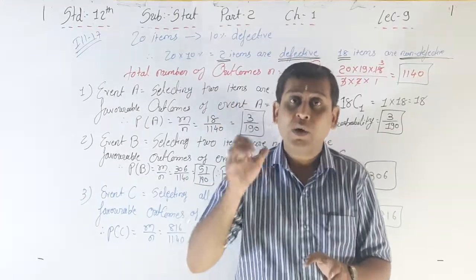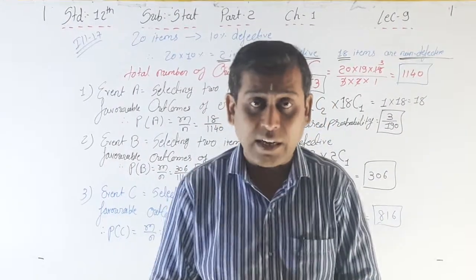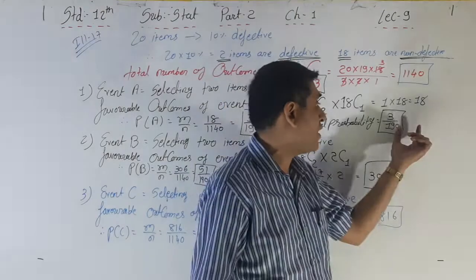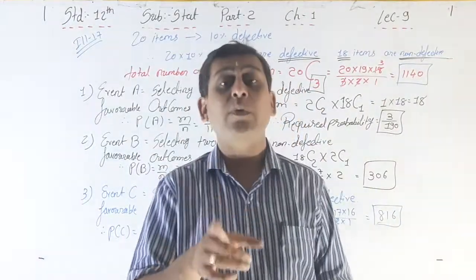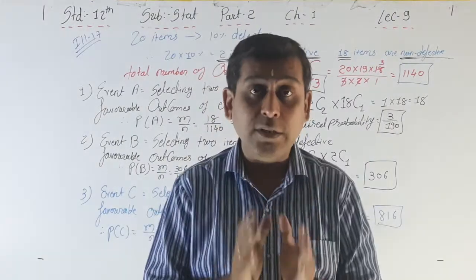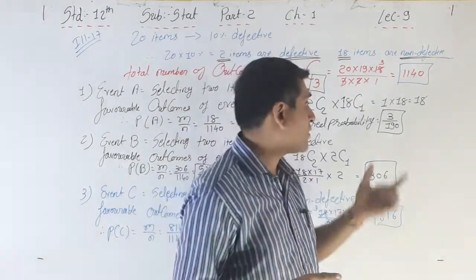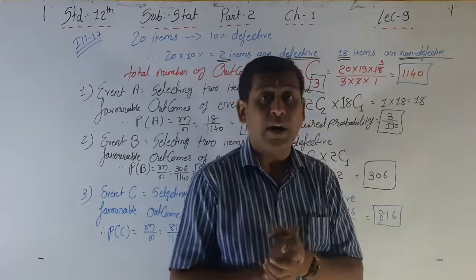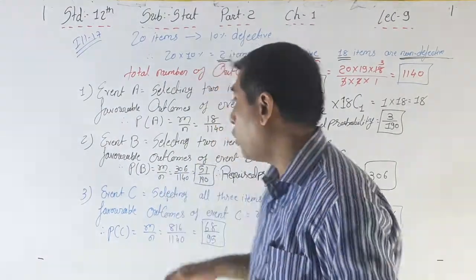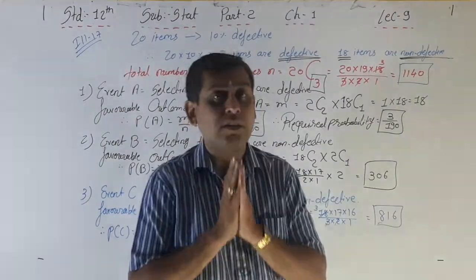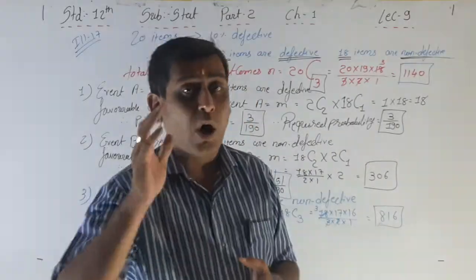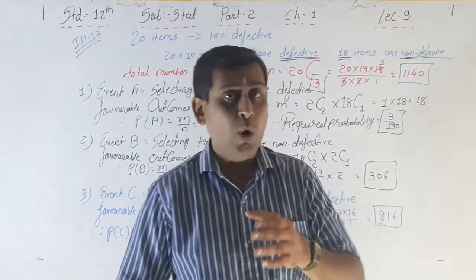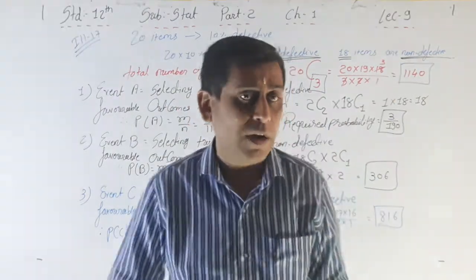Whatever the answer you get in your calculator, if you write that answer, then your answer will be compulsorily wrong. You have to write it in this way. In the probability chapter, and not only in the probability chapter but in all the chapters of statistics, don't divide numerator and denominator.